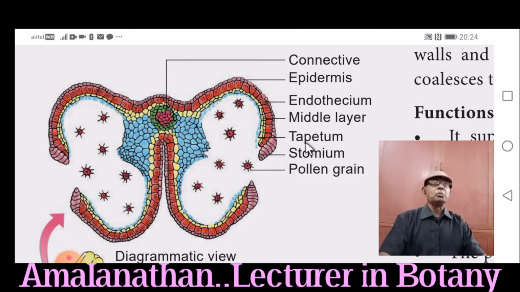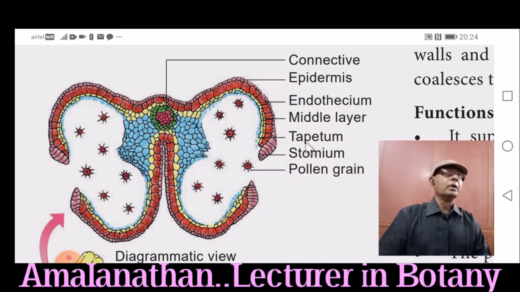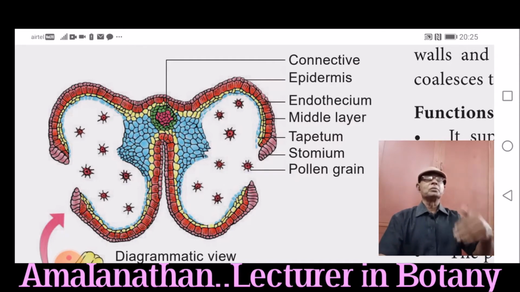It is formed partly from the peripheral wall layer and partly from the connective tissue lining the anther locule, anther cavity or anther locule. So tapetum is dual in origin because that is produced from two parts.